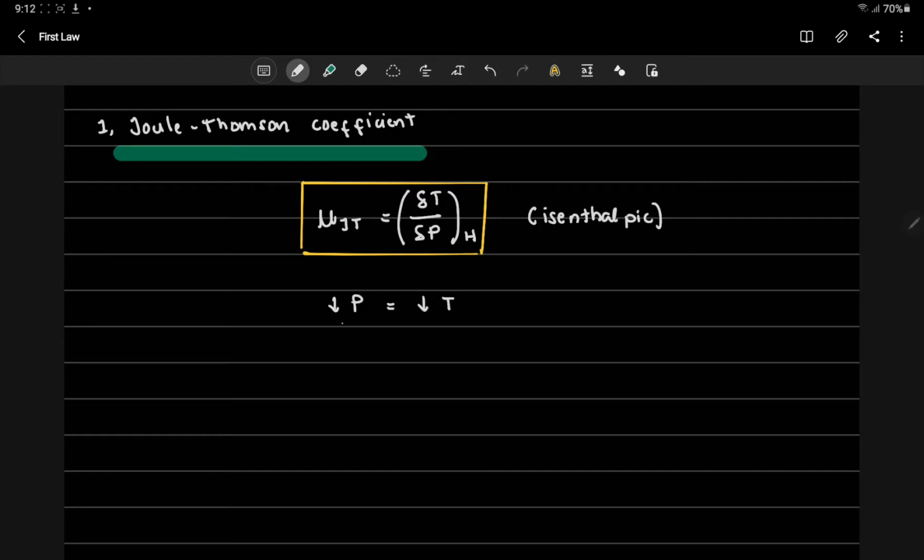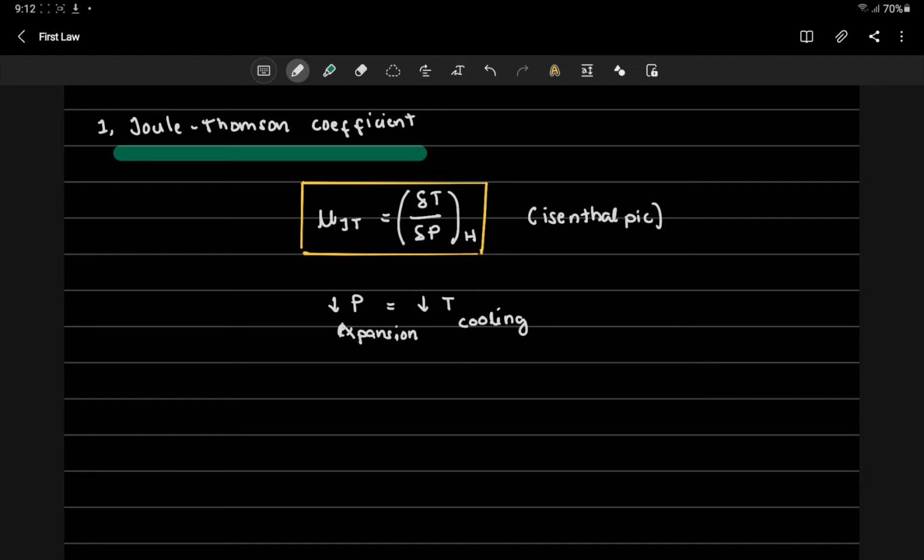So kapag bumababa yung pressure, ang tawag natin dyan is expansion. Alright? Now, kapag bumababa naman yung temperature, ang tawag naman natin doon is cooling, of course. So, at isenthalpic processes now, if you have your ideal gases, ang nangyayari is that if you expand your gases, nagkakaroon ng cooling effect. So, yun yung tinatawag na Joule-Thomson coefficient. And that's useful for cryogenic applications and also for throttling processes.